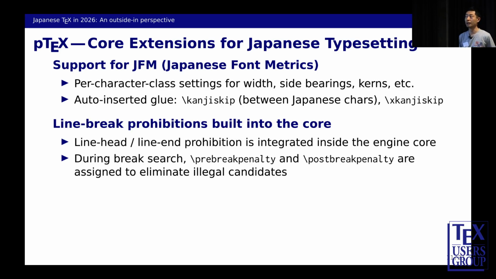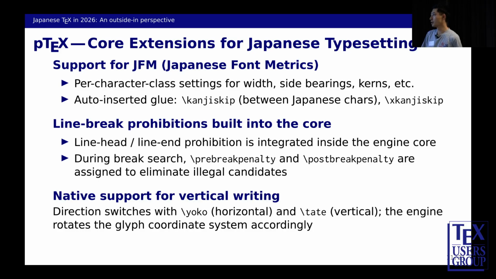And also the primitive implementation of line breaking, a special line breaking rule in Japanese typesetting. It also supports vertical writing, and there is a special command to switch between horizontal and vertical typesetting.